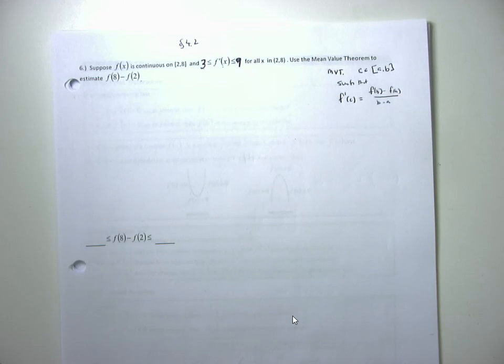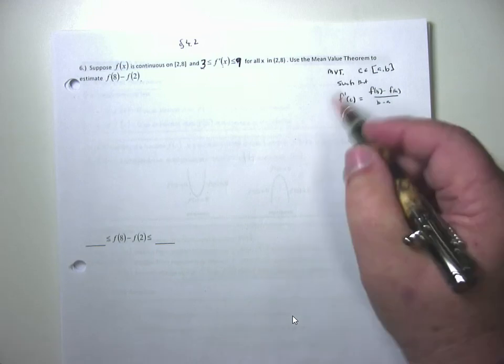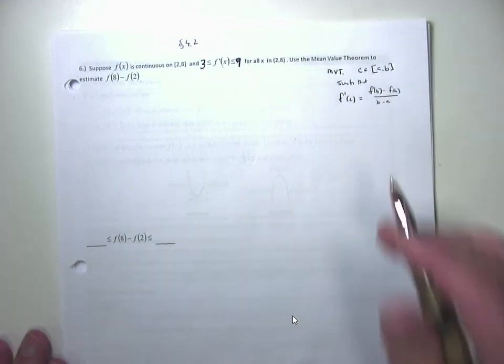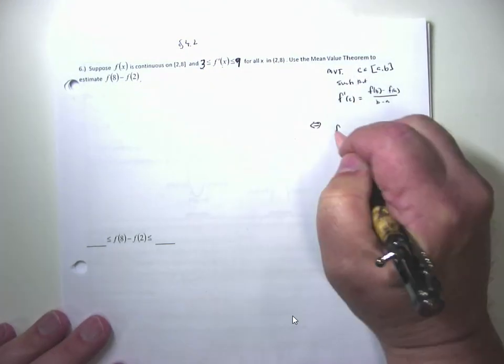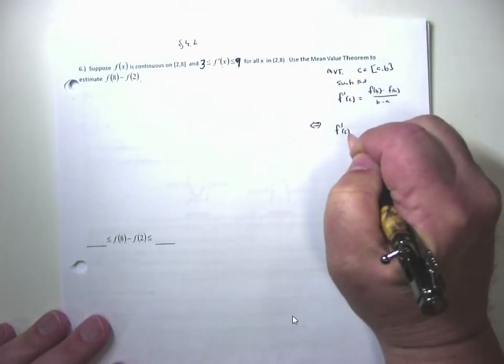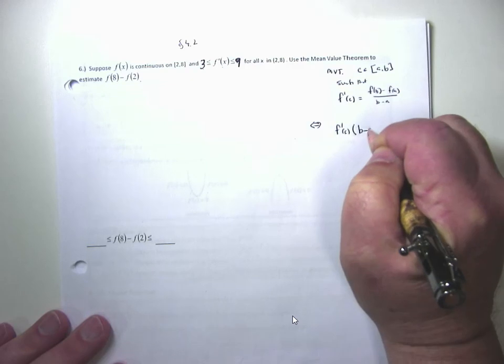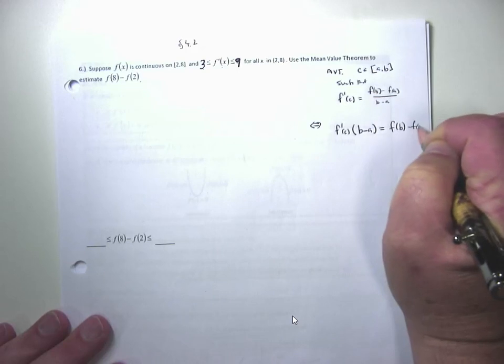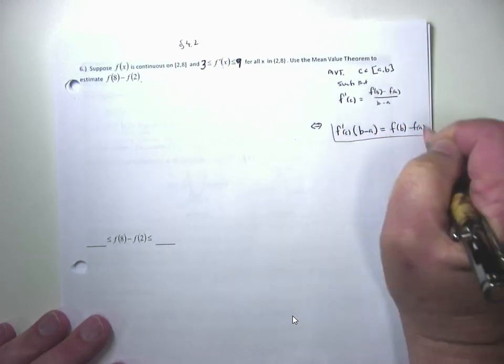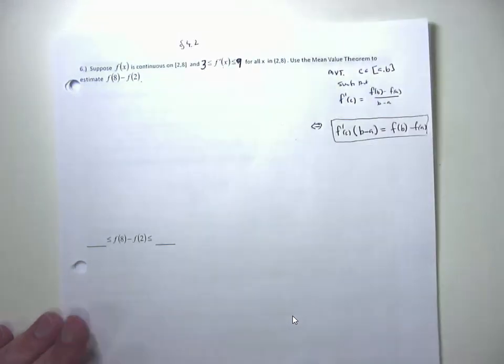So we had all these conditions, but this was the big formula. There was also an equivalent formula that stated that f prime of c times b minus a is equal to f of b minus f of a. This is the alternative formula for the mean slope formula.